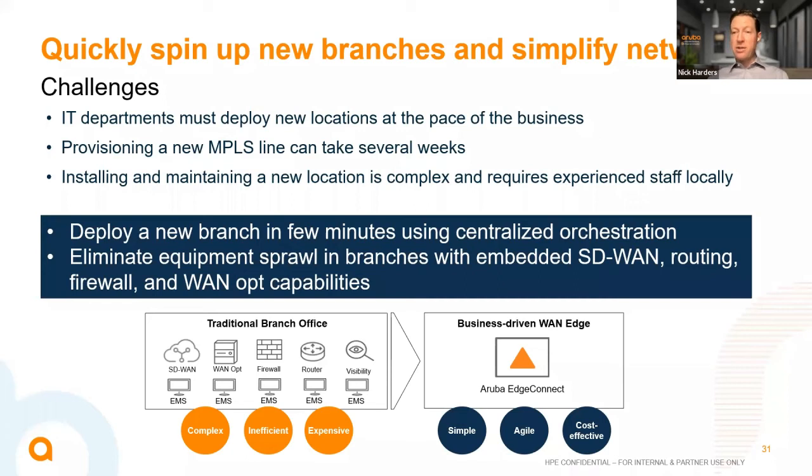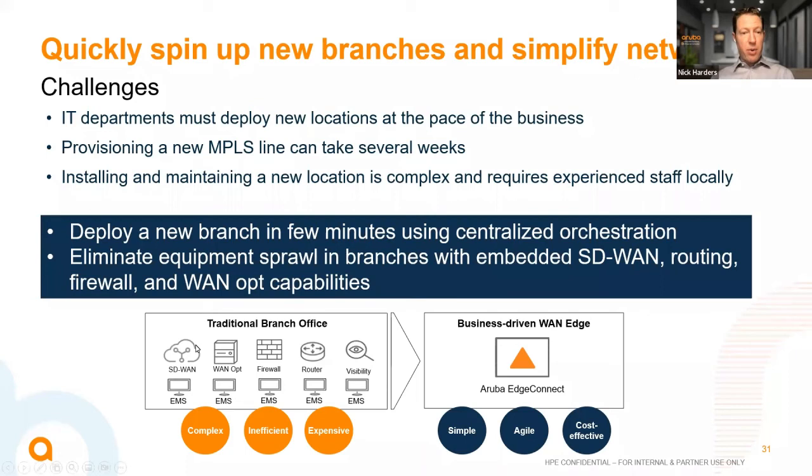So using things such as cellular as uplinks expedites network connectivity in those locations as you wait for potentially longer lead time circuits to be installed, as well as the idea that you want to be able to bring up a lot of these smaller locations quickly and efficiently. We allow a lot of that configuration to be done in a zero-touch deployment manner with centralized orchestration of the policies as well.